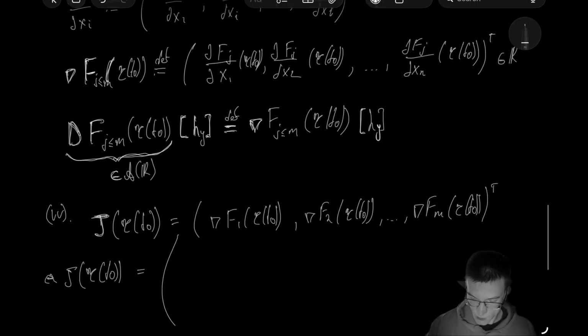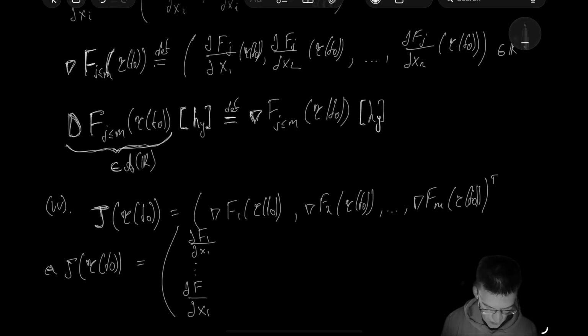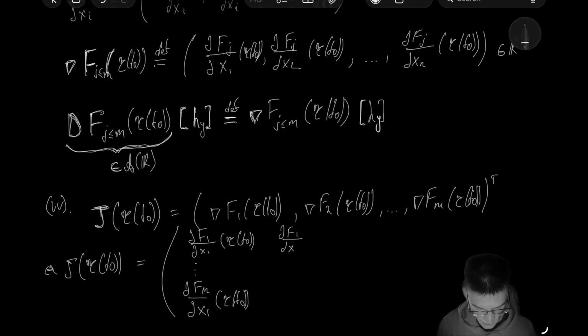Let me just remove this transpose, because this is going to break everything. We have to keep it as the column vector, because we're going to transpose it afterwards, and we're going to get the matrix that we need. So this is going to be the partial derivative of f1 with respect to x1 and fm here, and then what else do we have? We have the partial derivative of f1 with respect to x2. Sorry, I just forgot to add that this is gamma of t0, and here it is gamma of t0, of course, the partial derivative of f1 with respect to x2, until the same for fm, right?